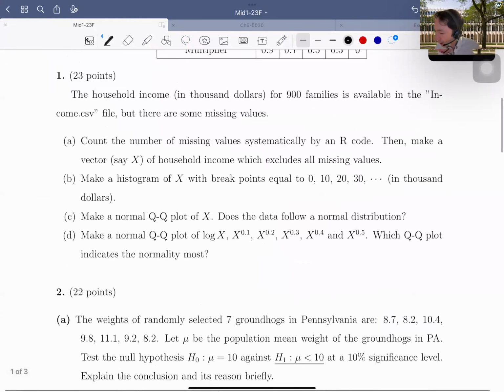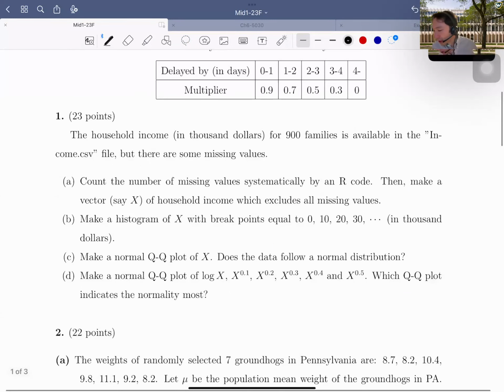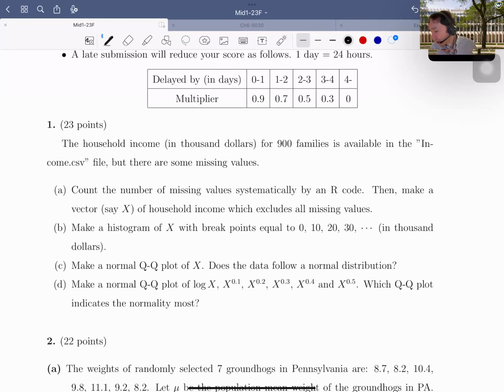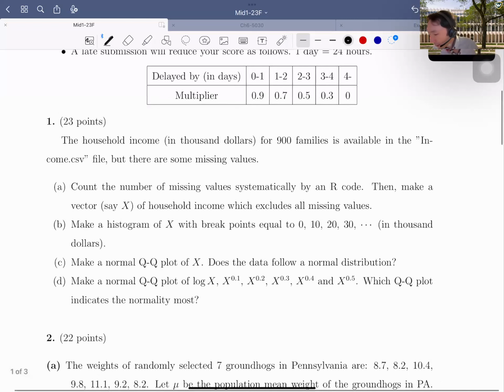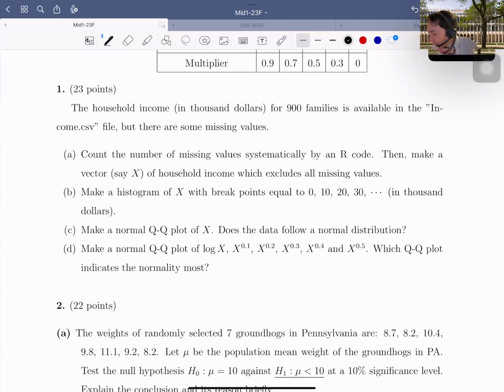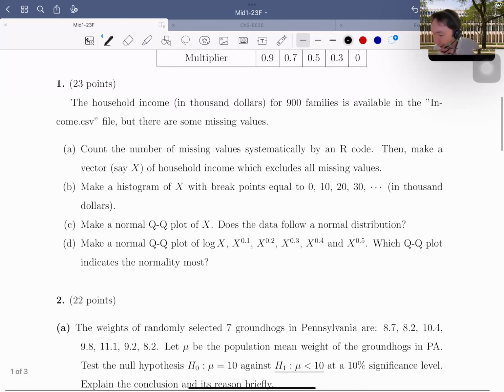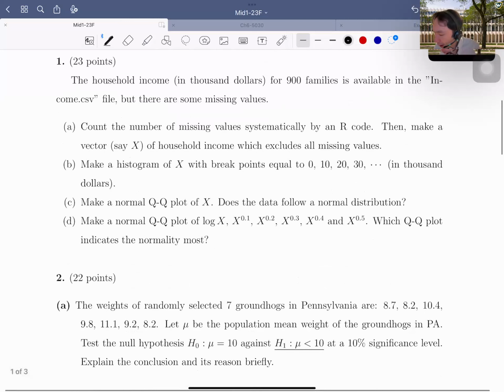In question 1, household income for 900 families is available in the income.csv file. This file is available in 2 formats in the midterm exam item in Canvas. Count the number of missing values systematically by using some function.